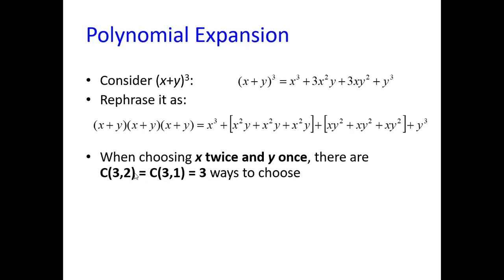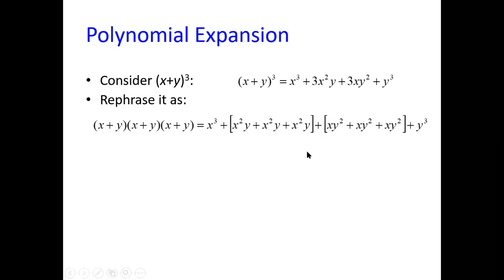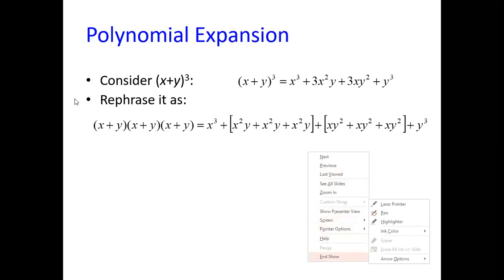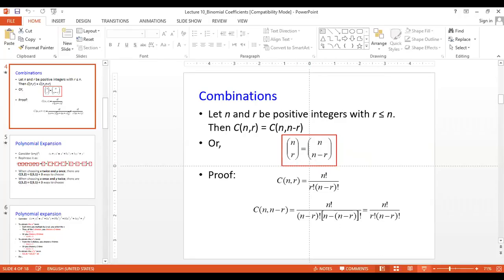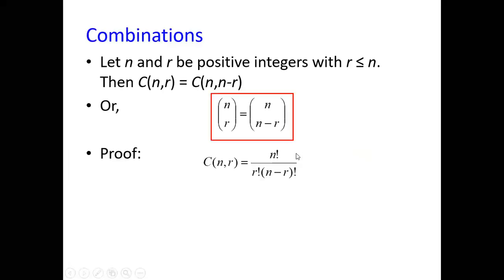As you can see, they are both equal to 3 because we showed before that C(n, r) equals C(n, n minus r). We use this equation.